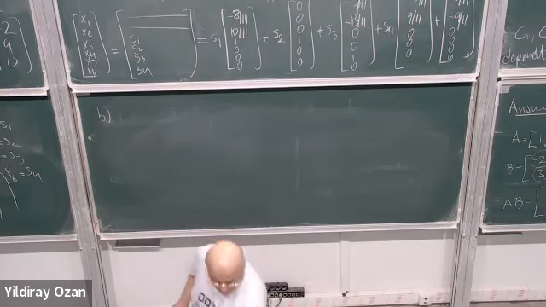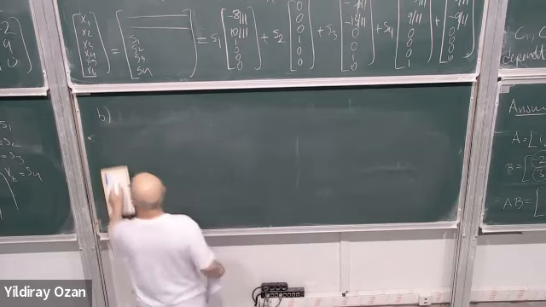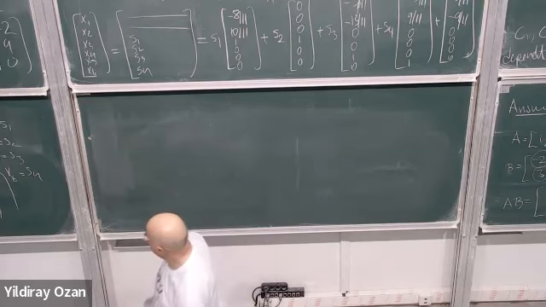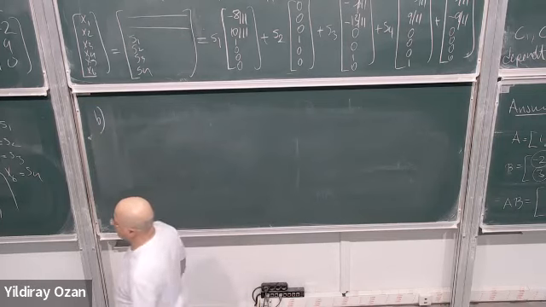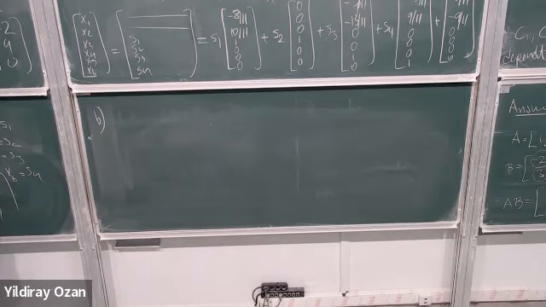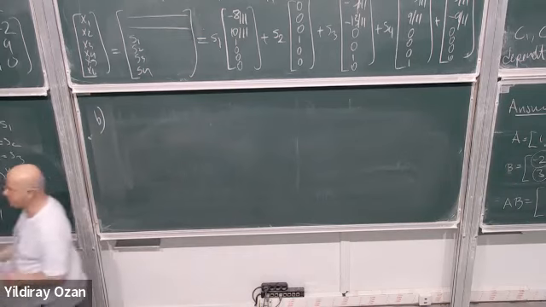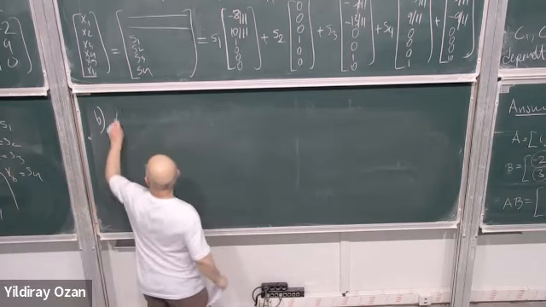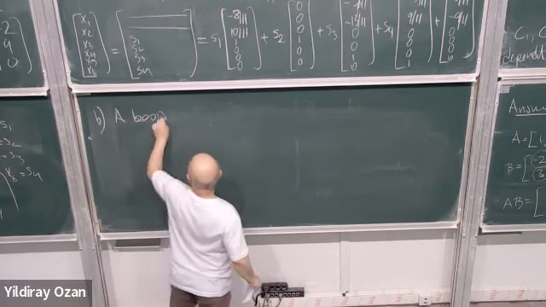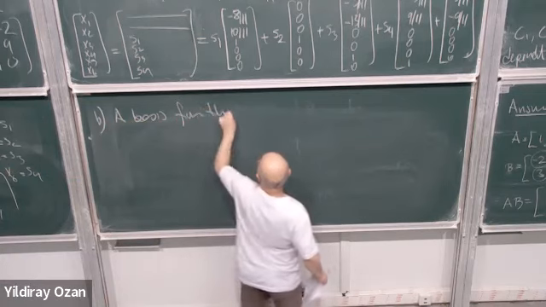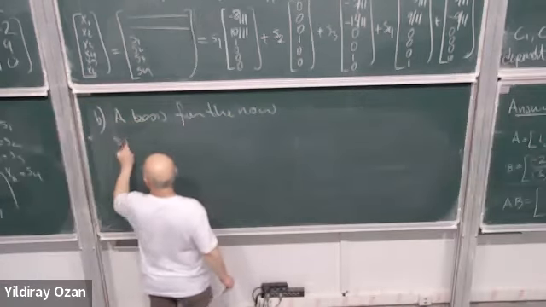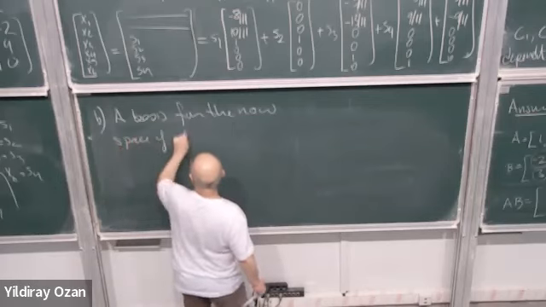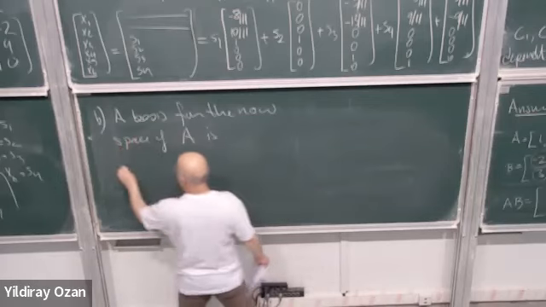The basis for the row space. So what is the basis for the row space? Well, in this row reduced echelon form, you just take the non-zero rows, they form a basis, right? So a basis for the row space of A is this one.